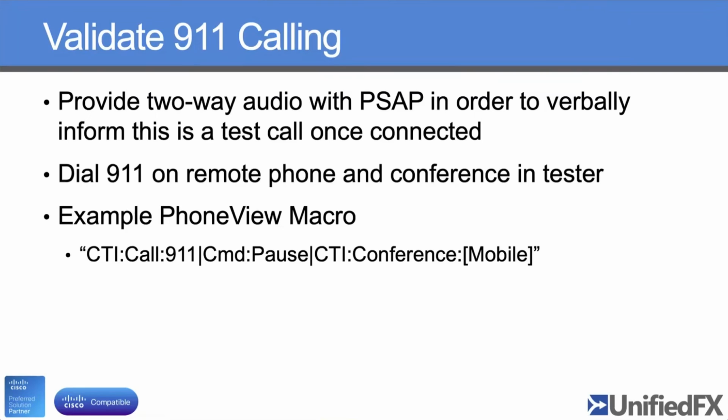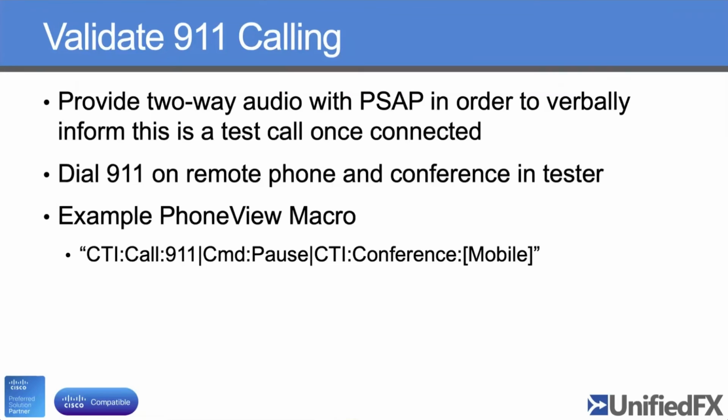You can do it all remotely. You can have a phone anywhere in your estate, see it, operate it remotely, and do two-way audio to verifiably confirm that it's working as expected with the public service answer point. So the key thing is working remotely, with 911 testing or any other kind of testing for that matter.